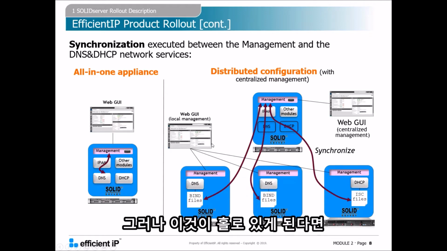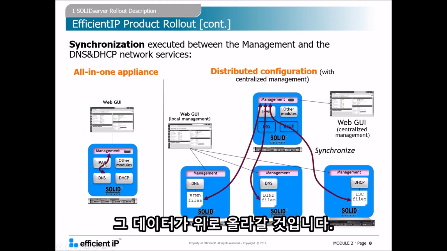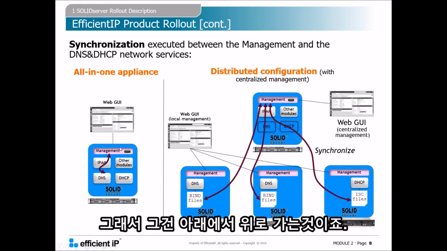However, when you make this become a standalone and you configure the local management to manage its services, the data will then be pushed up to the management. Okay, so that is from down up.